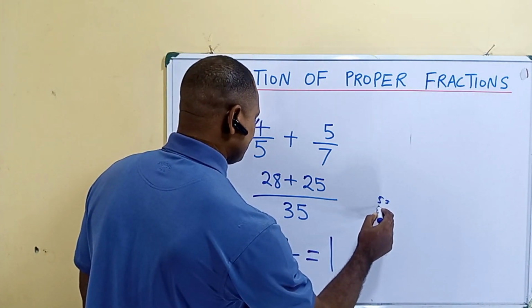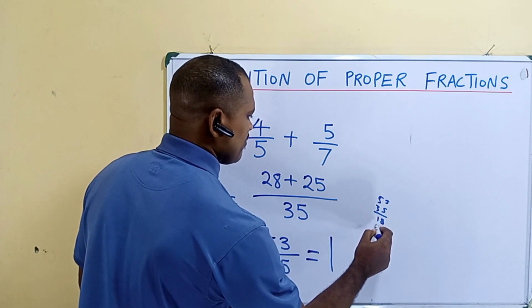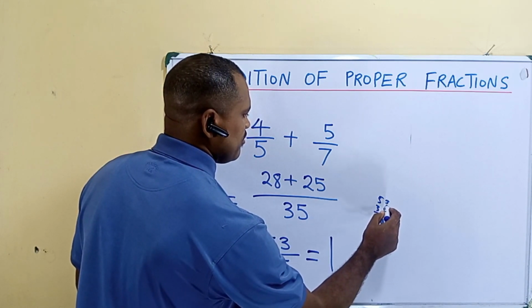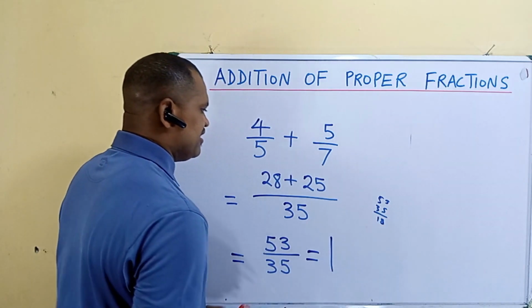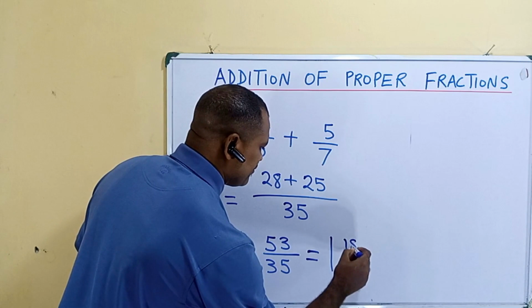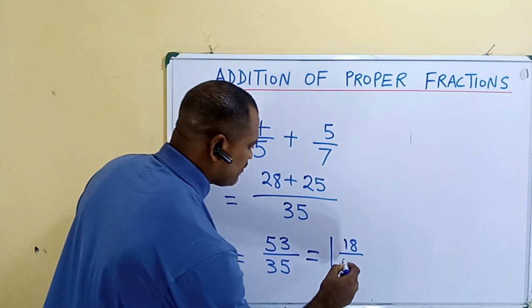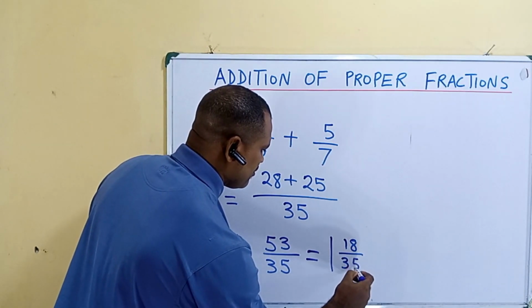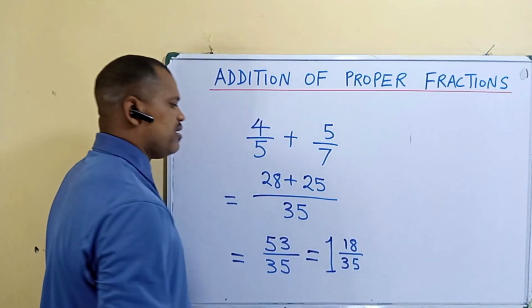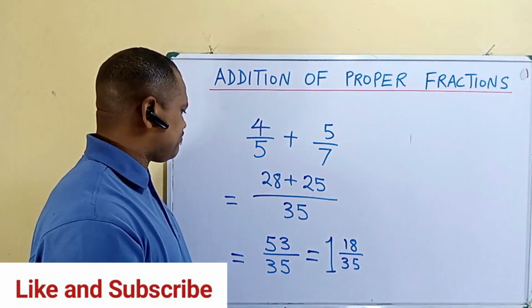Remainder 18. Remainder 18, so write 18 here, the remainder over this 35. So that is the answer. So it's very simple actually, as you can see.